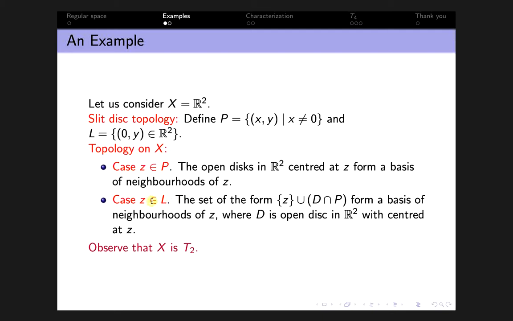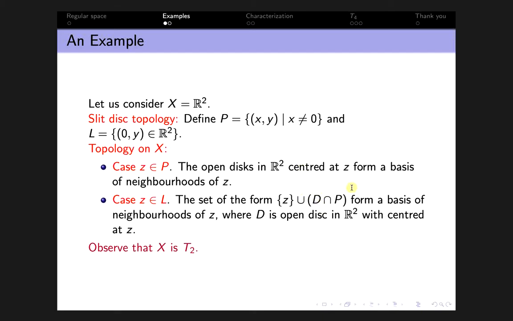But if z belongs to L, then open neighborhoods of z are given by sets of the form {z} union (D intersection P), where D is an open disk centered at z. Okay, centered at z. So note that D intersection P is basically D minus the y axis.